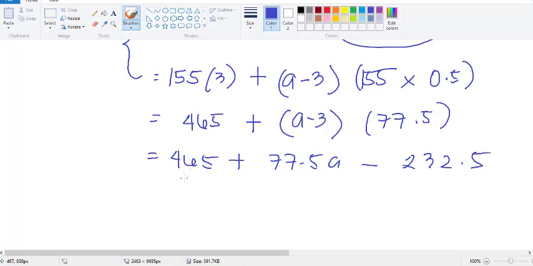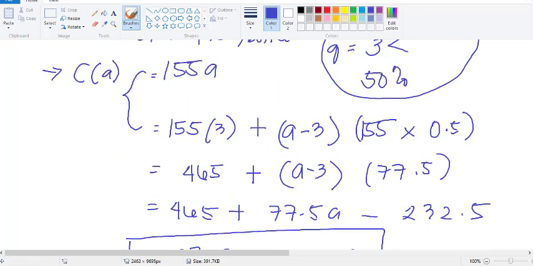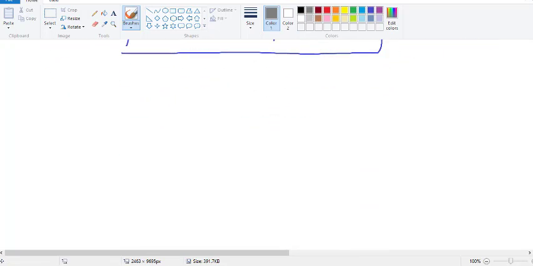And then these are like terms, so i-add lang natin sila. 465 minus 232.5, wow, apparently it's half. So plus 232.5. So this is your final answer now. Nagiging piecewise function siya kasi this is the first function and this is the second function.